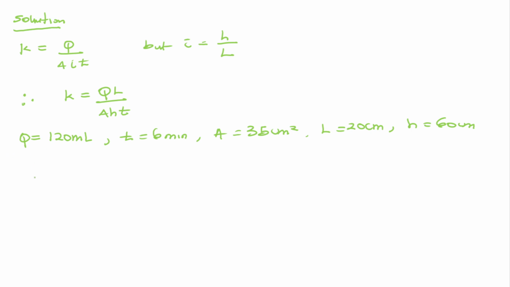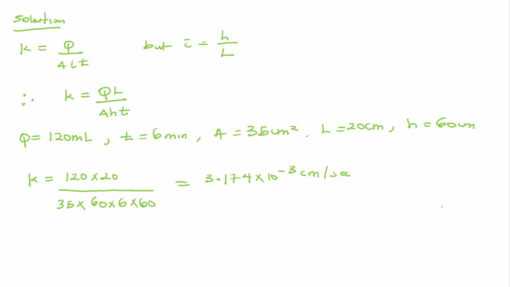So now inserting those values into our formula, we have K equals 120 times 20 all over 35 times 60 times 6 times 60 to take it to seconds, and we end up with 3.174 times 10 raised to power minus 3 cm per second. That is for our hydraulic conductivity.